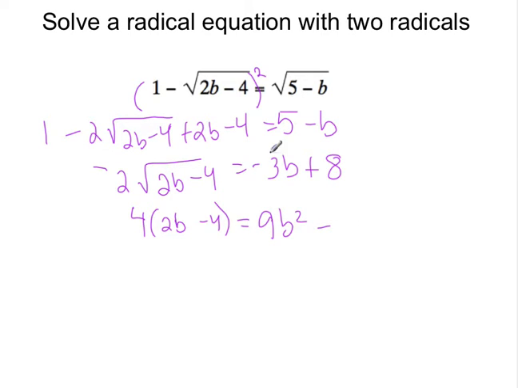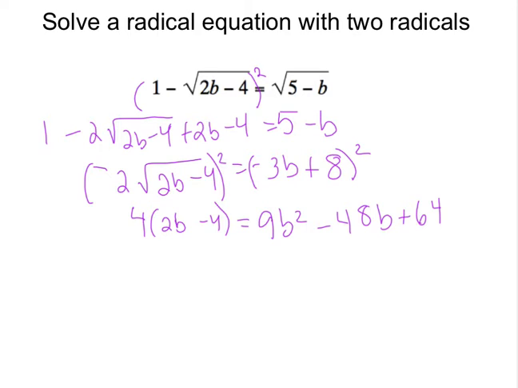And then my middle term, remember I'm squaring, so I have to FOIL it. That gives me minus 24, and then double that, that's 48b. And then my last term is plus 64.